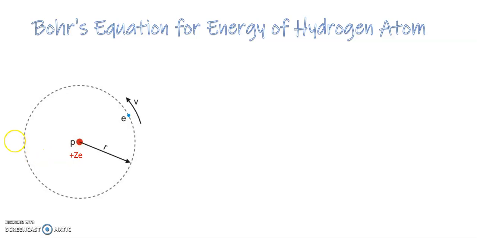For hydrogen atom, Z is equal to 1, and for hydrogen-like atoms such as He plus, Li2 plus, that is the one-electron atoms, Z can be 2, 3 respectively. The electron with charge e revolves around the nucleus in an orbit of radius r. Let v be the velocity and m be the mass of the electron.